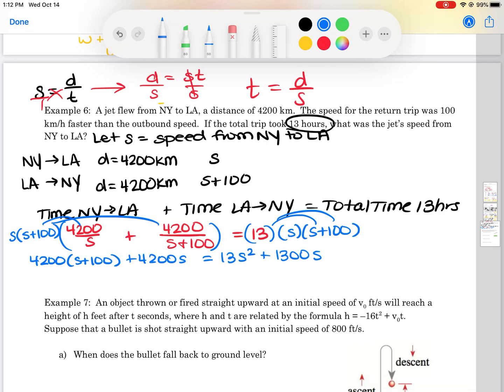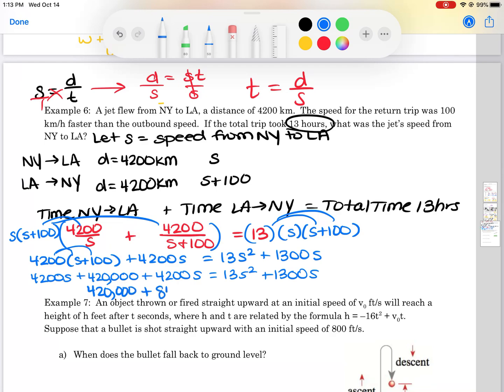So 13 S squared plus 1,300 S. Now we want to still distribute this portion, and then do some combining. So we have 4,200 S plus 420,000 plus 4,200 S is equal to 13 S squared plus 1,300 S. Combine like terms.